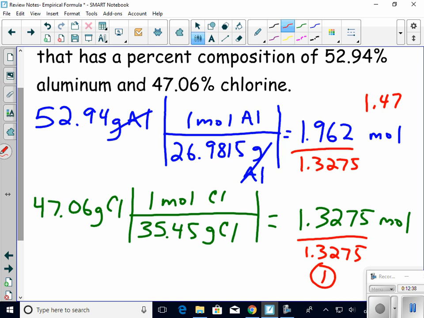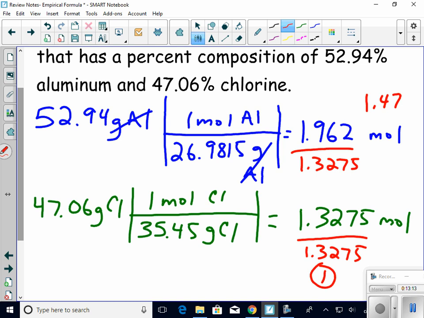Now, when I am looking at this, if I were going to say what is aluminum closest to, I'm going to say, well, 1.47 is pretty close to 1.5, isn't it? So what I need to do, and usually, folks, these values come up pretty even.